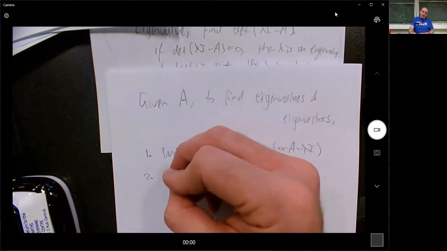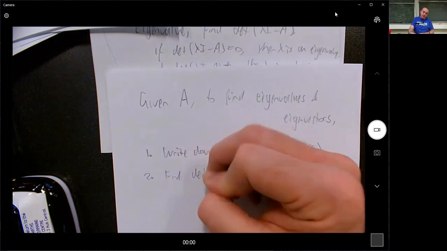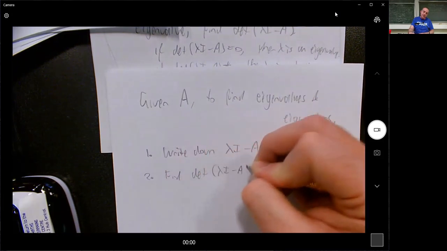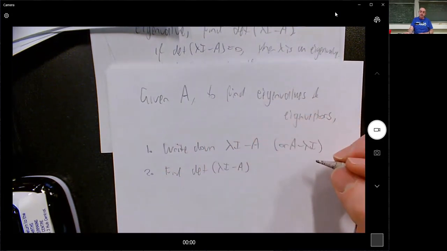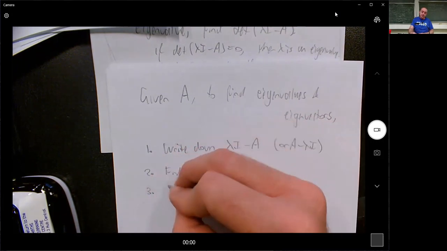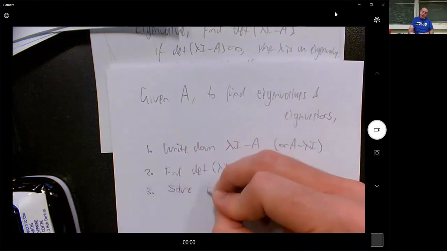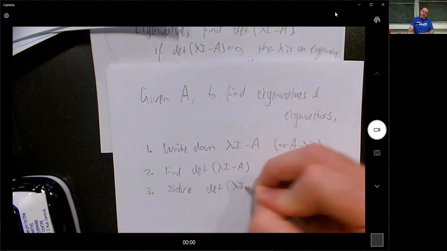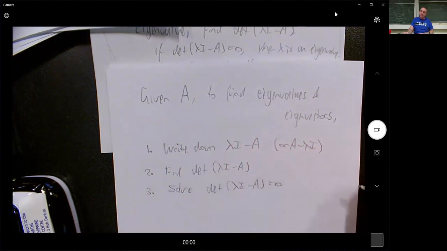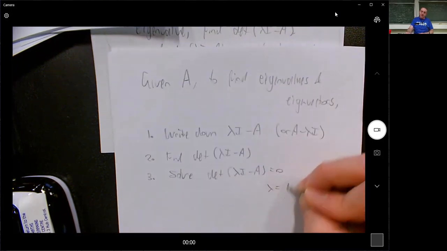Step 2, I would find the determinant of lambda I minus A. Step 3, I would solve the equation made by whatever the answer is for the determinant of lambda I minus A equals 0, and that will give you your eigenvalues.